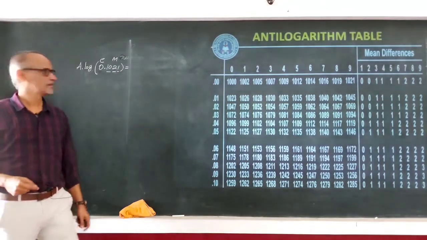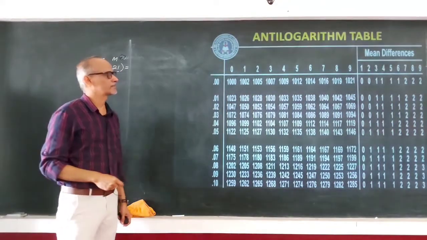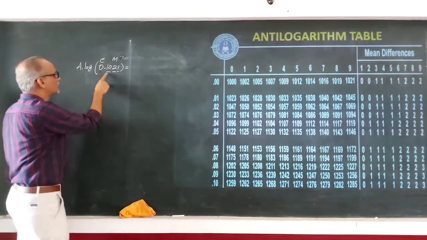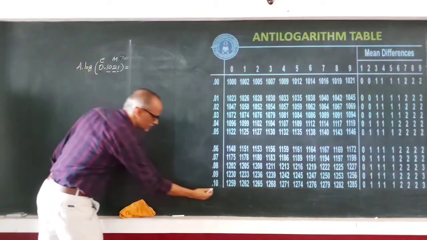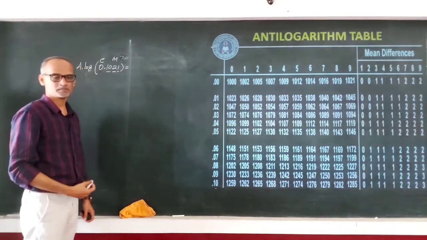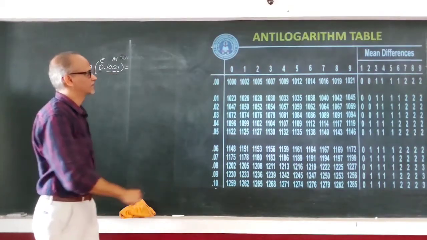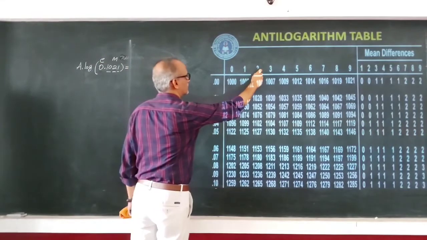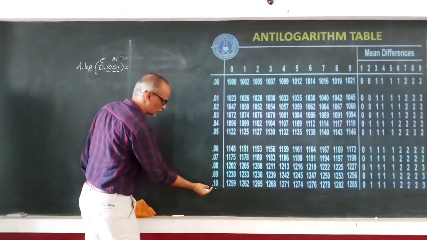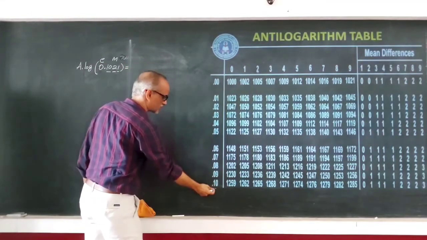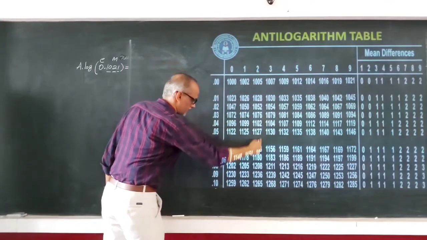And now refer to the anti-logarithm table. 0.10, which is here. Then the next digit is 2, so you have to search in the first row, which is here. So where do these two numbers intersect? 0.10 and then 2, they intersect here.